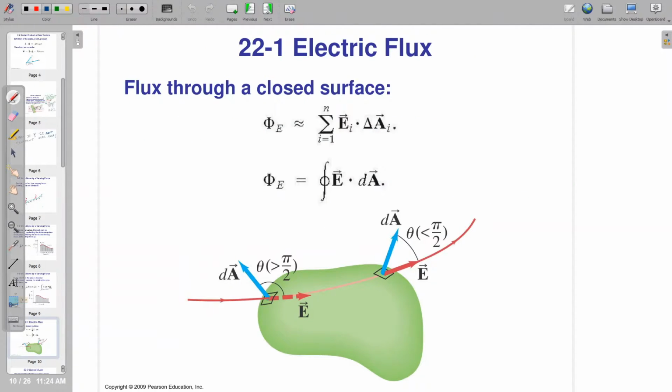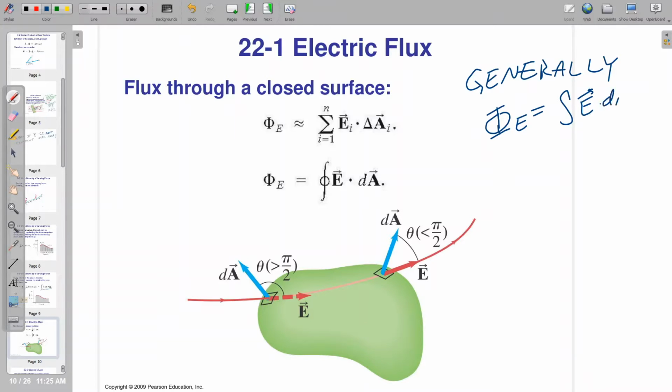Okay, same thing in the case of electric flux when the flux is varying through a surface. So here it's specifically talking about a closed surface, but in general, you can use that the electric flux through any surface is just the integral of E dot dA.